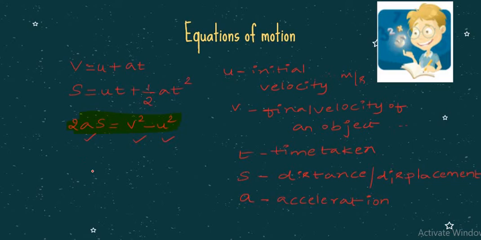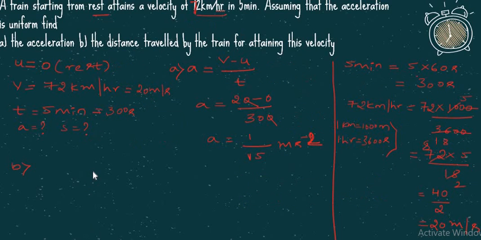So I need to take the third equation of motion, that is v square minus u square is equal to 2as. So it is equal to 20 square minus 0 square is equal to 2 into 1 by 15 into s.